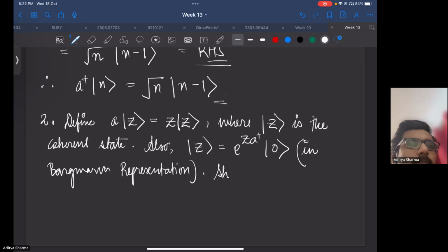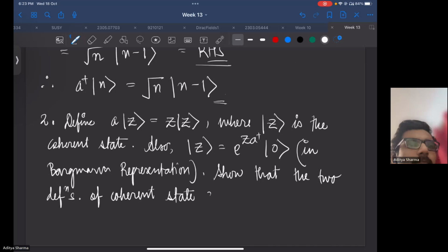Show that the two definitions of coherent states are equivalent or consistent.